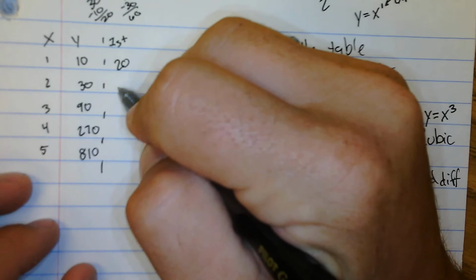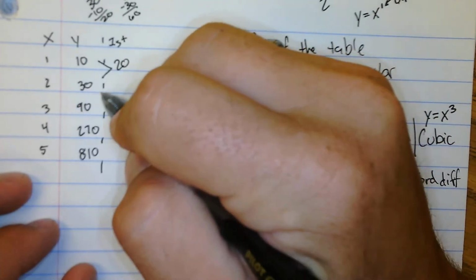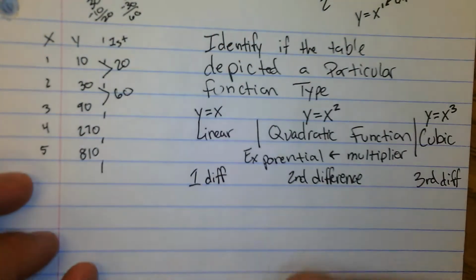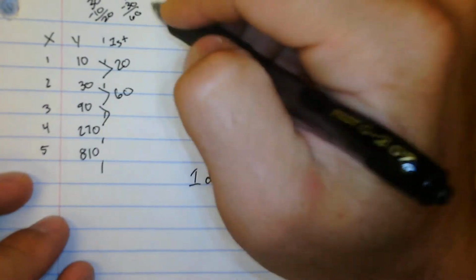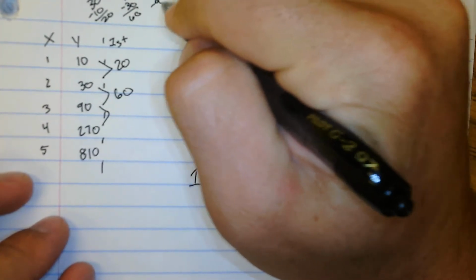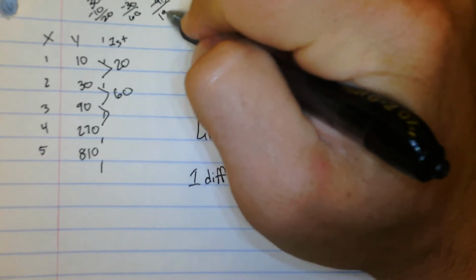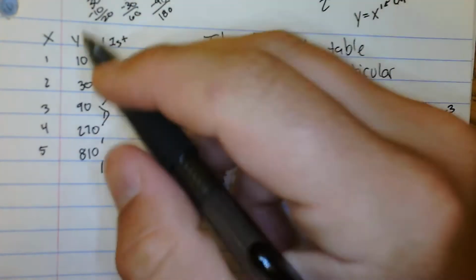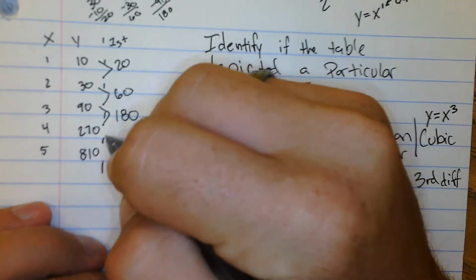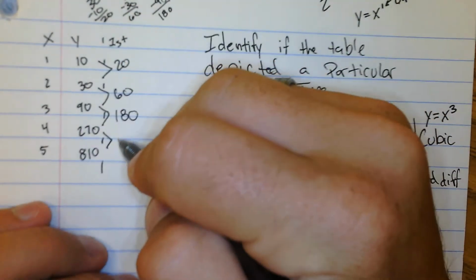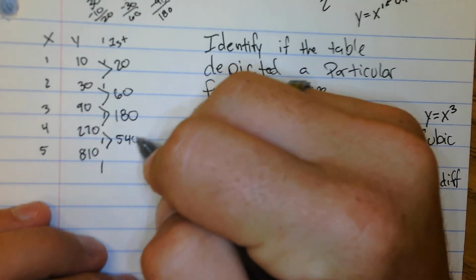We get 60. So next one's 60. Same thing for 270 and 90. We get, what is it, 180? And then this, we get 540.